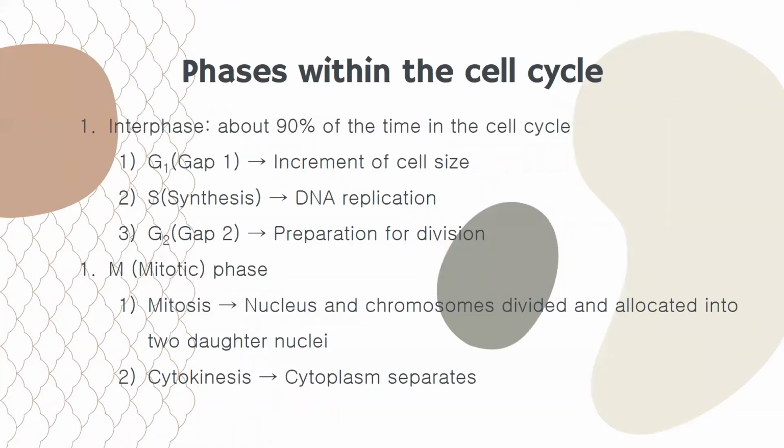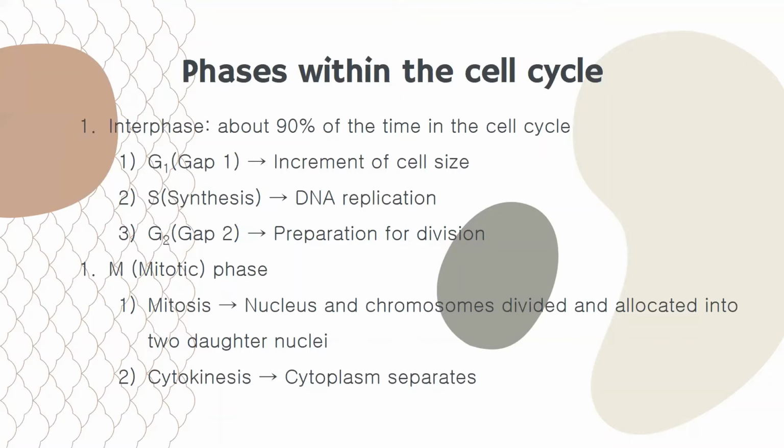Okay, so how do cells divide? What mechanism? Exactly how? In order for a cell to divide, there are prerequisites. The part where the cell divides is actually only a very small portion of time in the cell cycle. The preparation time is called interphase, and it takes about 90% of the time in the cell cycle.